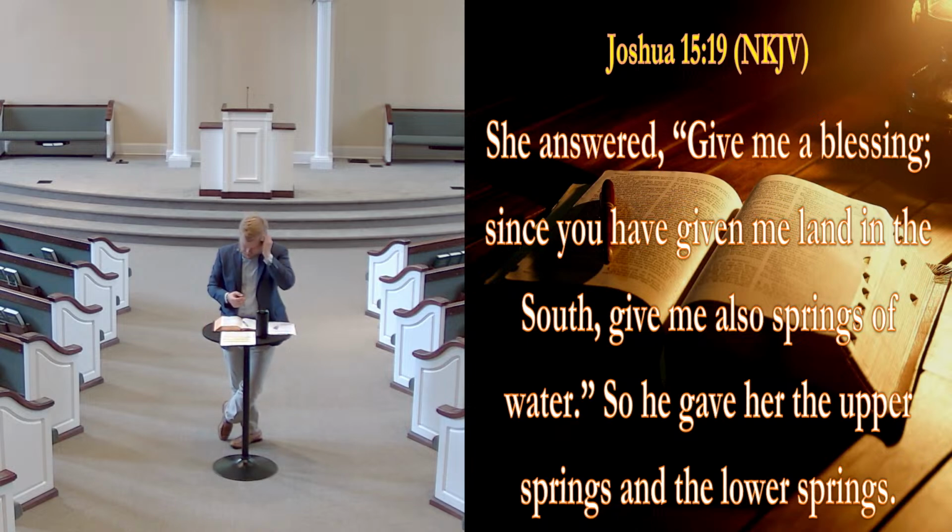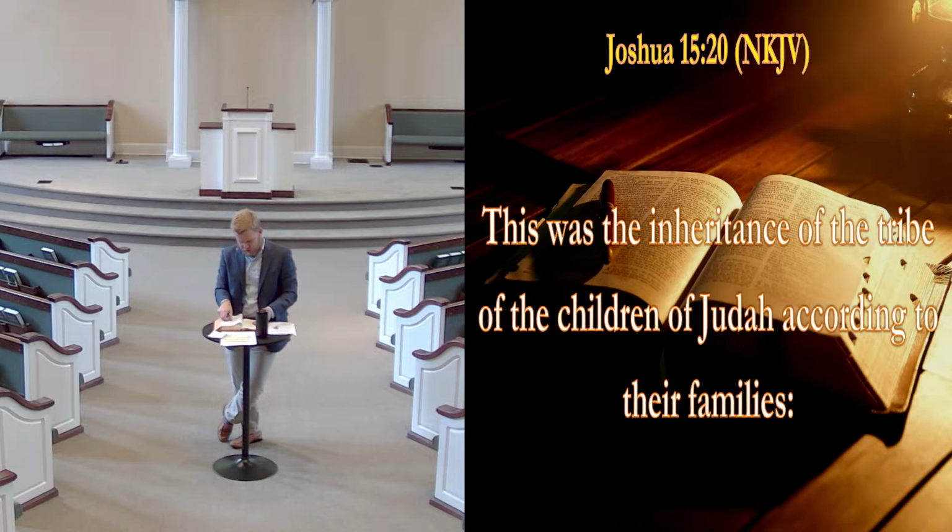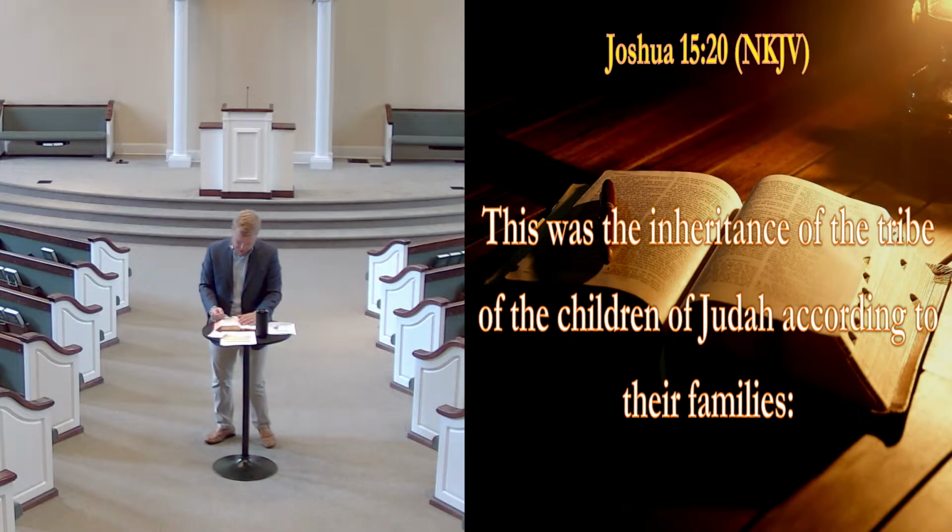And so just a very small insert there of Caleb taking the Anakim, driving them out, and giving his daughter, verse 16, and Caleb said, he who attacks Kirjath Sepher and takes it, to him I will give my daughter as wife. So then beginning in verse 20 to lots of verses here, verse 63, we have more names, more territories, the cities.